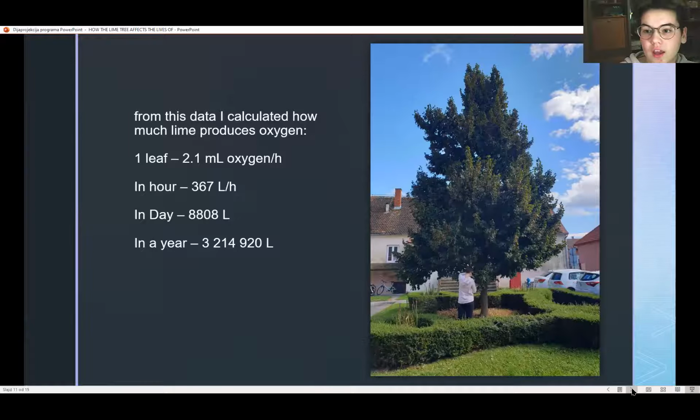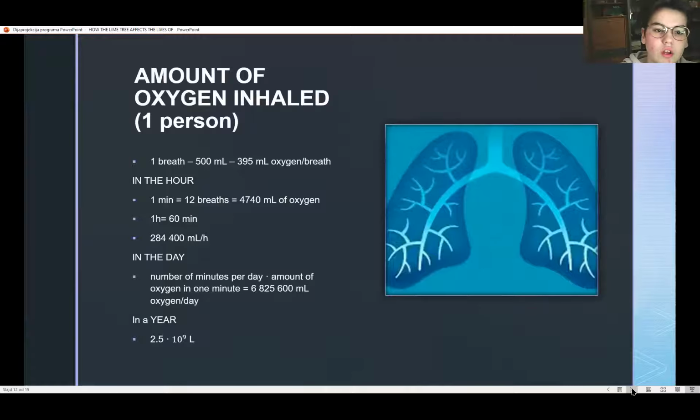In 1 day, that will be 8,808 liters. And in 1 year, that will be 3,214,920 liters.